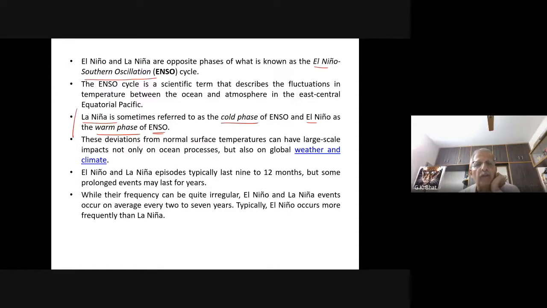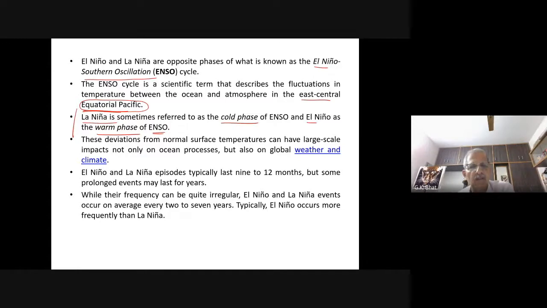And this is already happening in some part of the ocean, especially in the East Central Equatorial Pacific region. For a continuous 9 to 12 months, it will be the cold phase, and for another 9 to 12 months, it is the other phase.